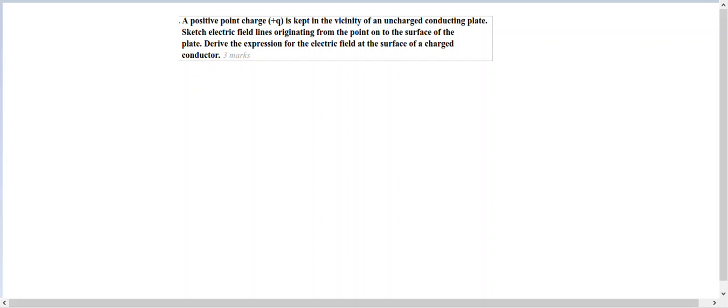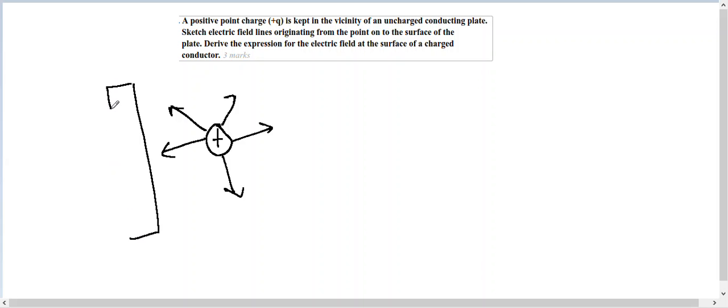So when we are going to have a point positive charge, let's take this as a charge, then the electric field lines are going to emerge from this charge in such a way that it is going to be symmetrical around a sphere. So if this is going to be our conducting plate, then a process of induction will take place and the plate gets negative charge in this direction.